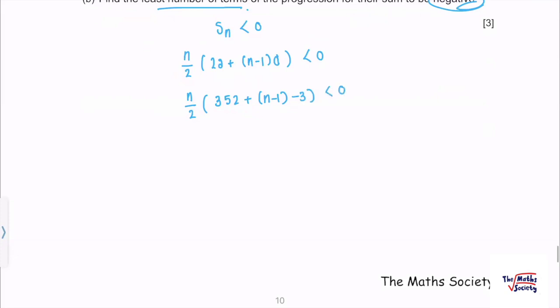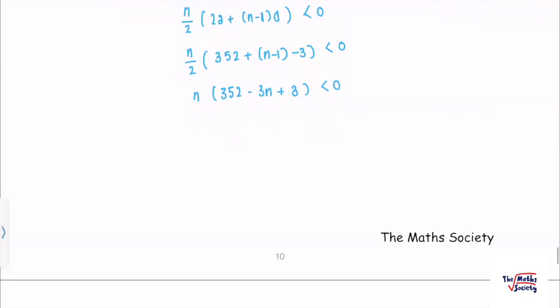That has to be less than 0. So it's going to be 352 minus 3n plus 3, that's less than 0. You'll have 355 minus 3n, that's less than 0.